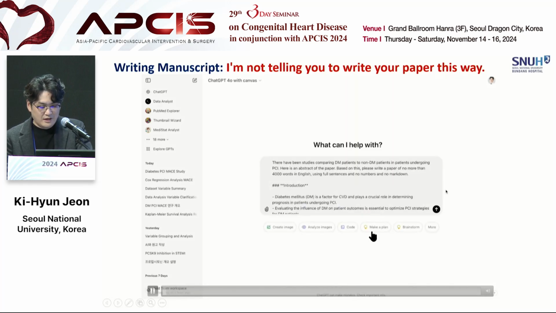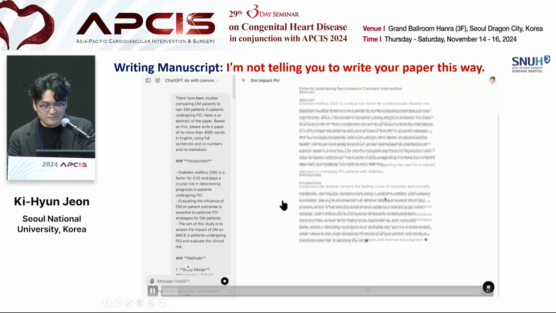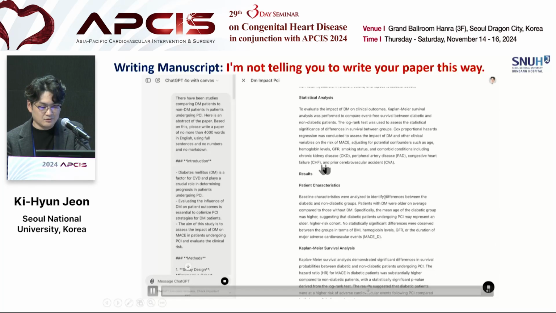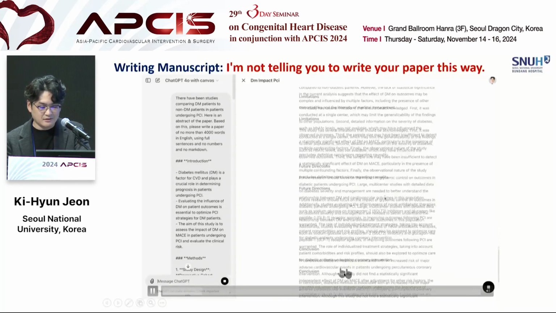If you enter a well-prepared outline of your research and key data and ask it to write 4,000 words in English, it completes the manuscript within a second. This is method, result, and discussion, limitation, and conclusion.